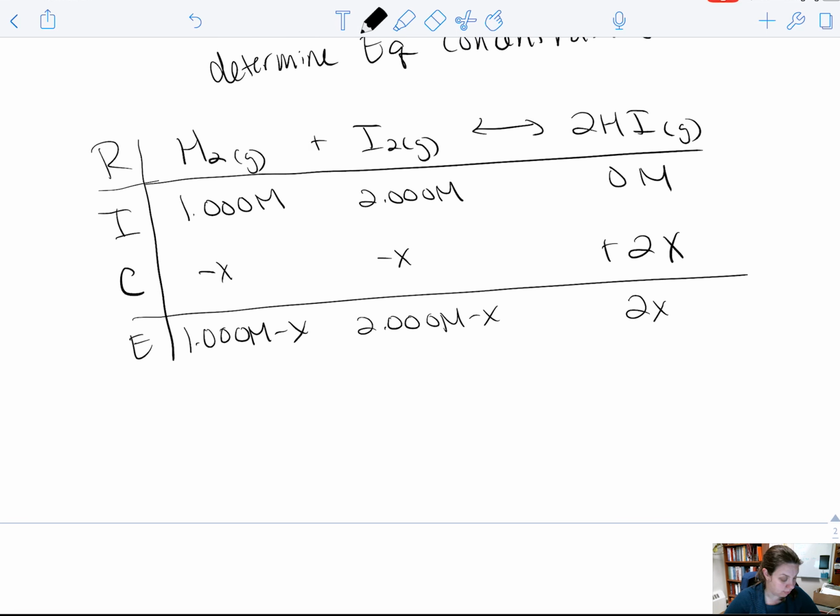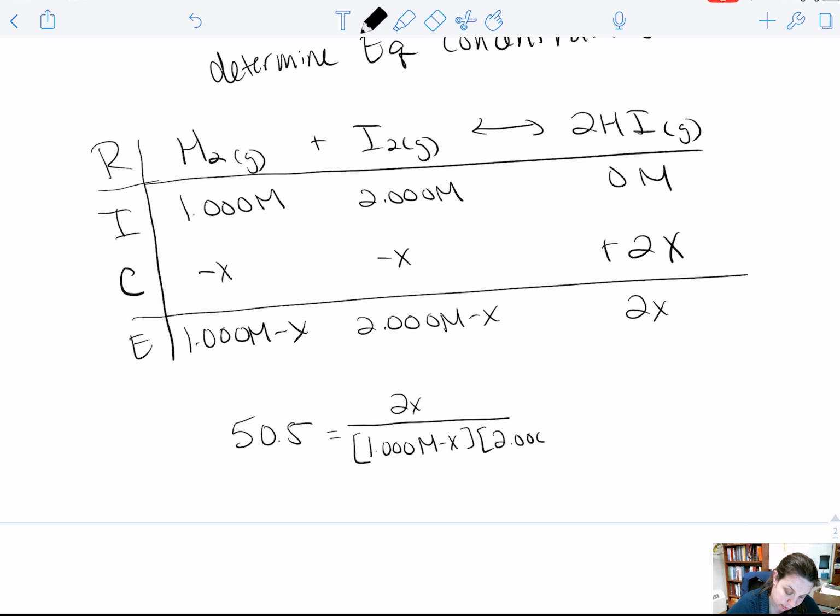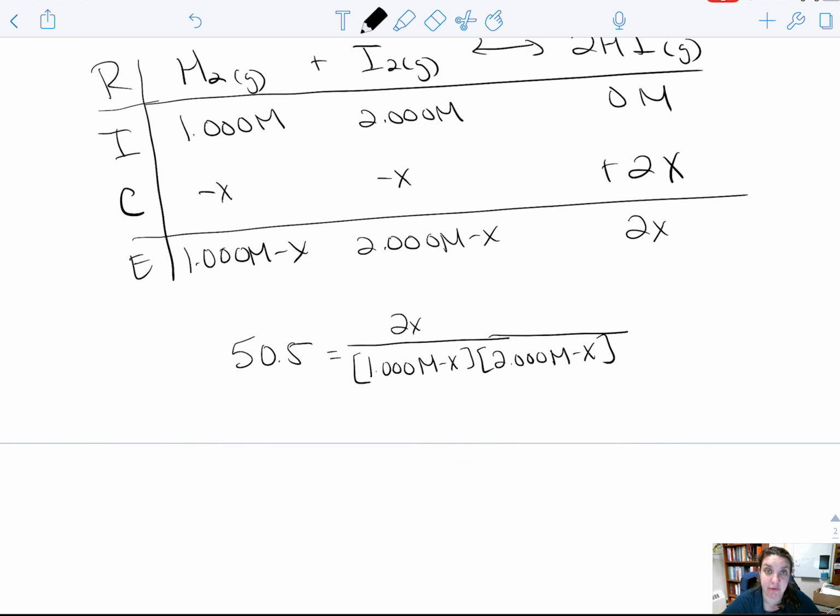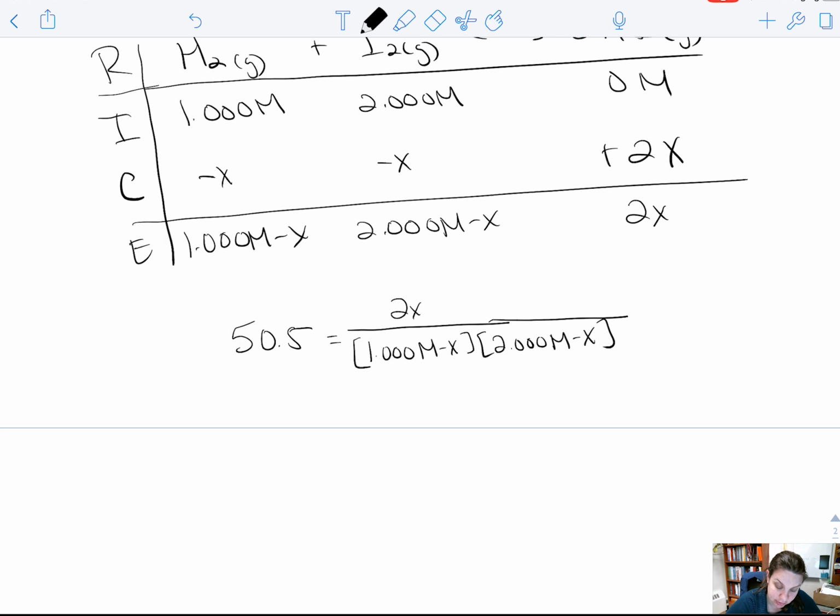This can then go into our equilibrium expression, where 50.5, our Kc, is equal to (2x) squared divided by (1.000 molar minus x) times (2.000 molar minus x). Hopefully, you guys remember FOIL. So we would need to FOIL the bottom of this.